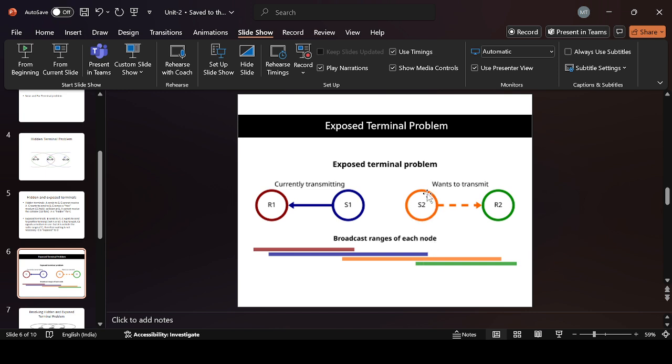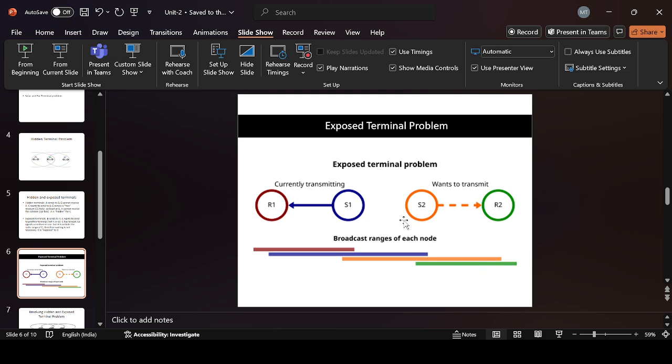Next, the transmission range of S2 reaches S1 and R2. The transmission range of R2 reaches only S2 and not S1 and R1. So these colors indicated in the figure define the transmission range.